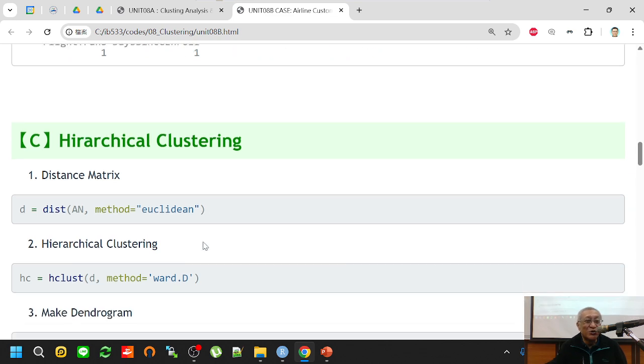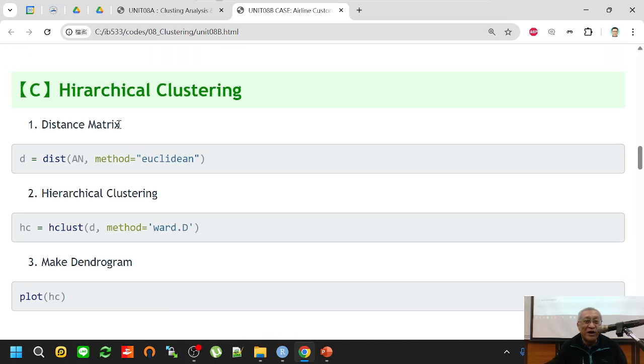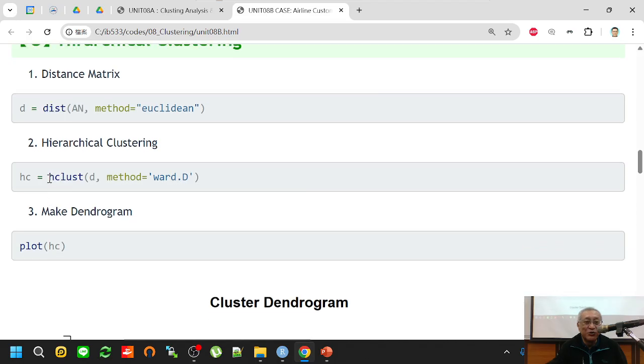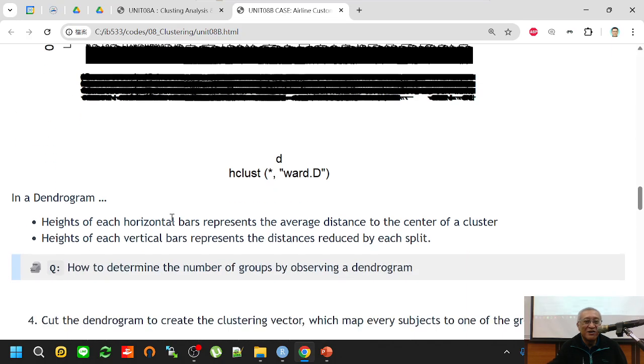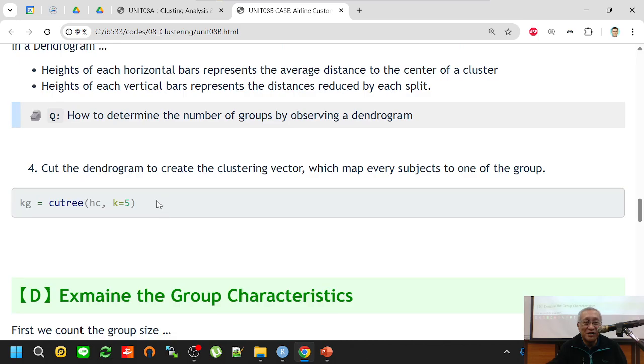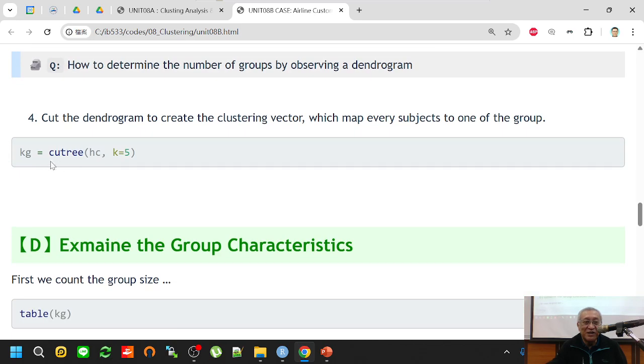Okay, so again, we want to do hierarchical clustering, right? So we calculate distance, we code this to do the hierarchical clustering, and we can plot, and then after plotting, we just cut it into 5 groups. You can also cut it into 6 groups, 7 groups.